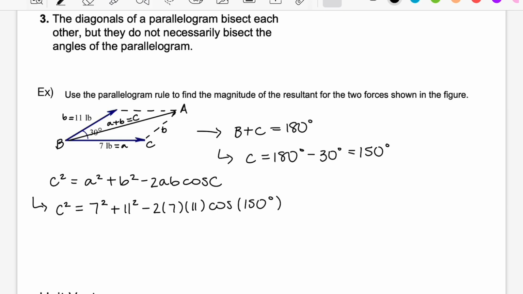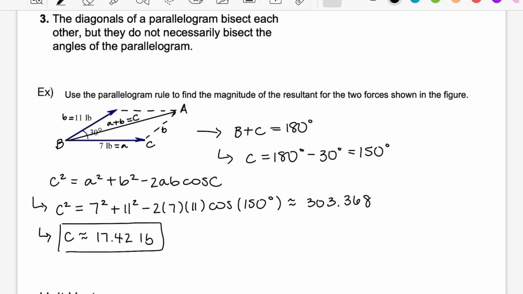And then plugging this into a calculator, this is going to be approximately this here. And then taking the square root of both sides, this tells us C is going to be approximately this here. So this is going to be the magnitude of this resultant here.